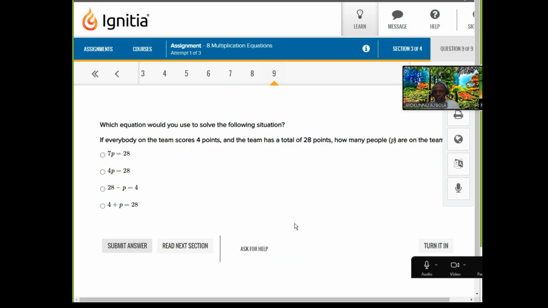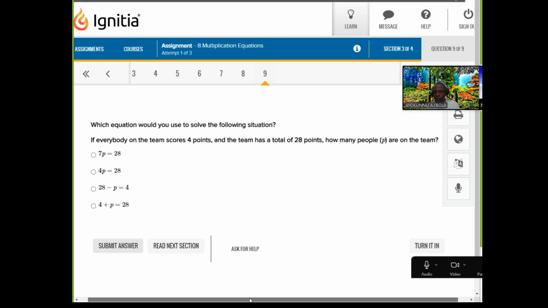Read the next question. Let me hear you. Which equation would you use to solve the following situation? If everybody on the team scores 4 points, then the team has a total of 28 points. How many people are on the team?